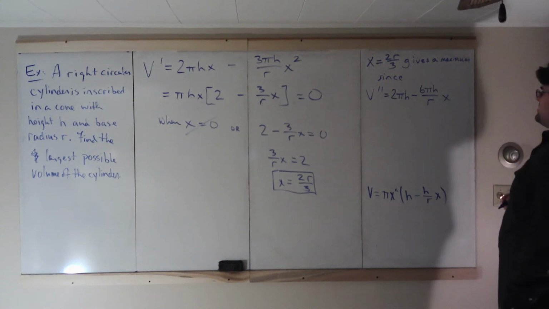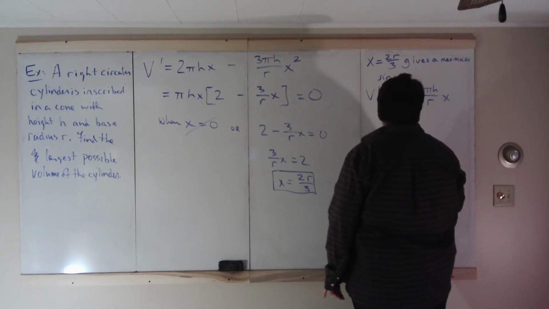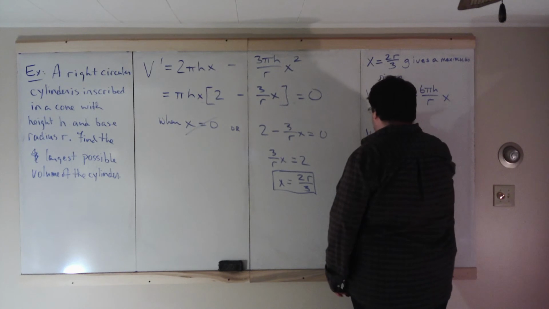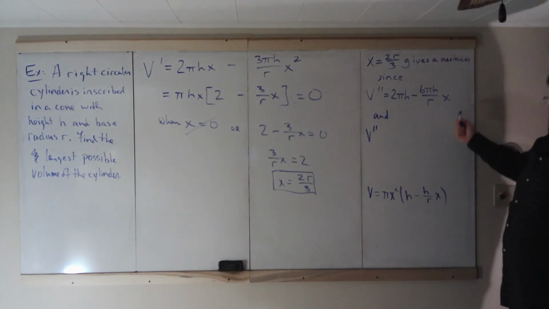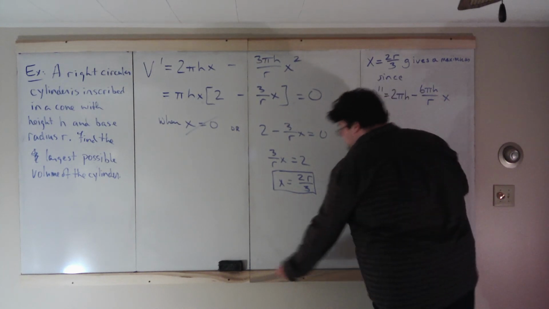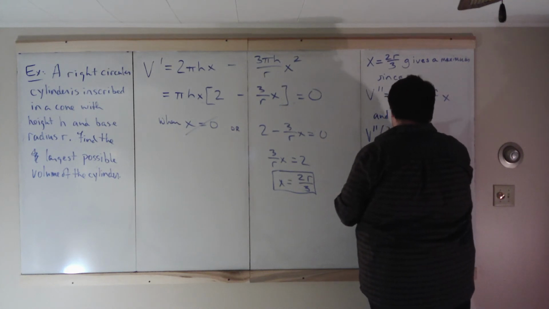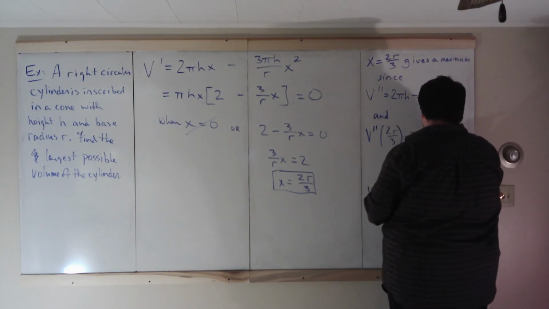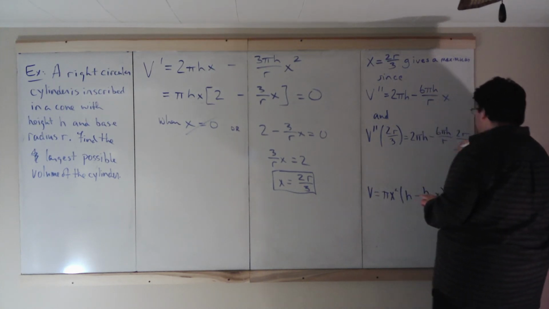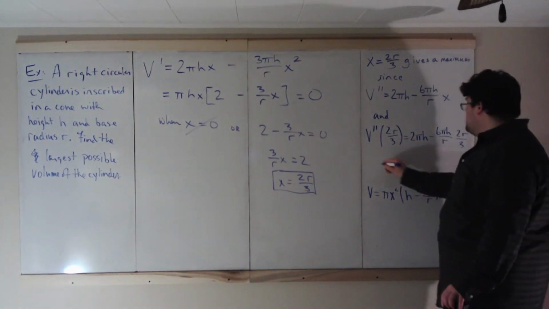And why does this tell us it's concave down at our relevant value? Notice x is in here, so we need to evaluate it at our x value. So V prime prime of 2r over 3 equals 2 pi h minus 6 pi h over r, 2r over 3.